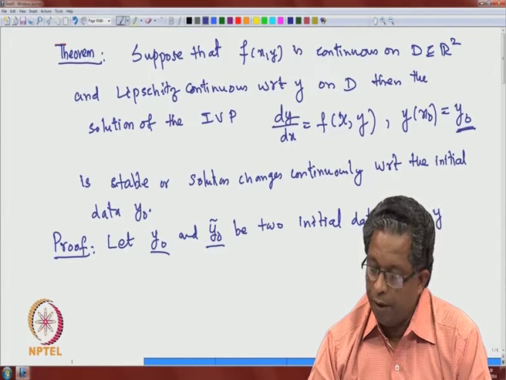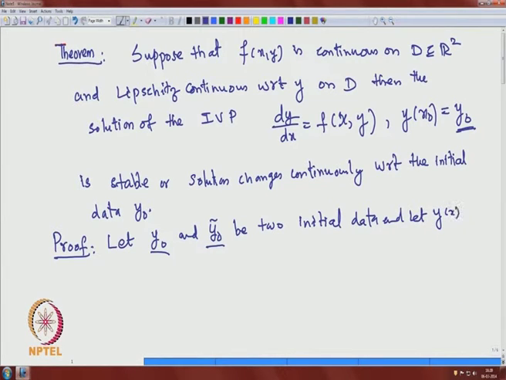Okay, let y of x and y tilde of x be the corresponding solutions of the IVP. Such solutions exist and are unique.